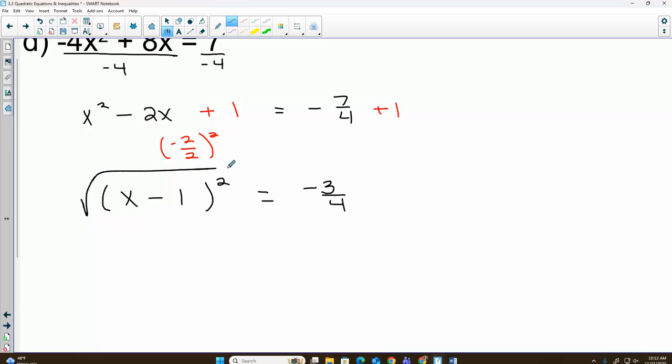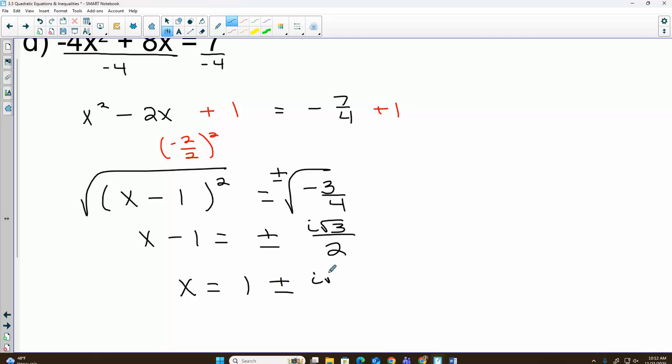So then square root plus and minus, so x minus 1 equals plus or minus the square root of -3 over the square root of 4. So we just add over our 1, so it's 1 plus and minus i radical 3/2.